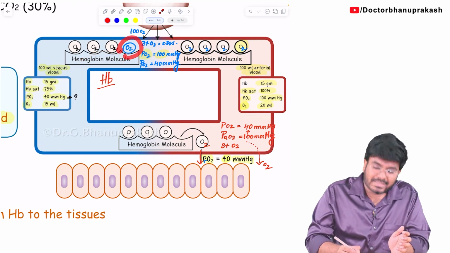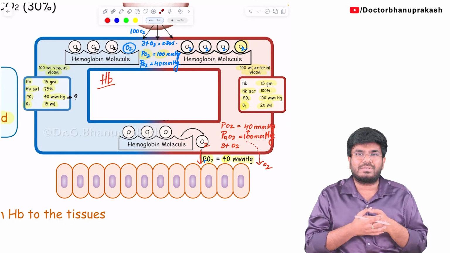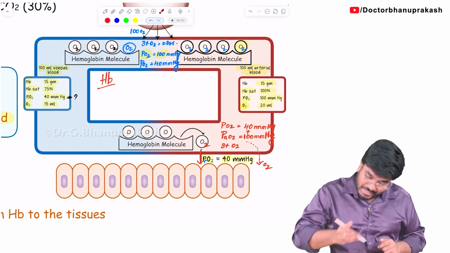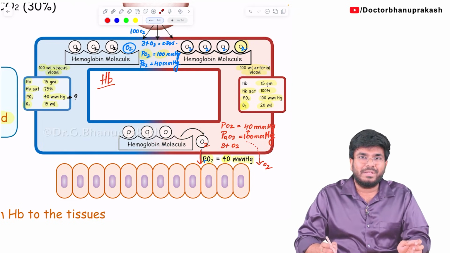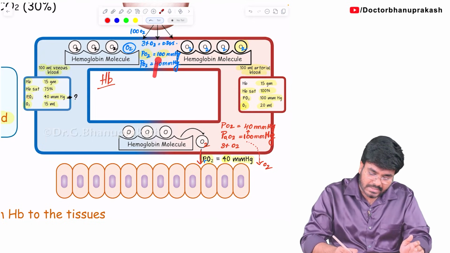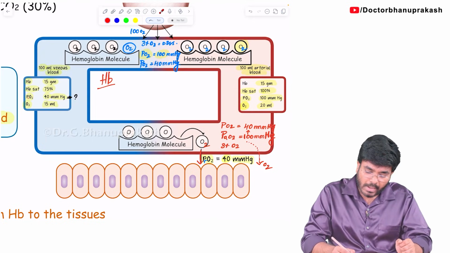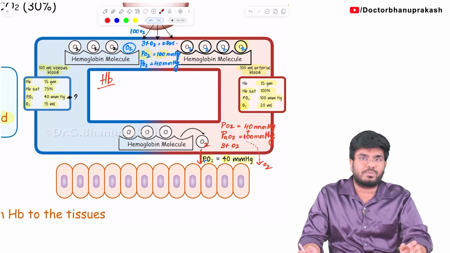At the level of lungs, it says, I love oxygen, it is binding with and accepting the oxygen. But the same hemoglobin molecule at the level of tissues is kicking the oxygen away. So the association or dissociation is dependent on partial pressure. More partial pressure, more association; less partial pressure, more dissociation.